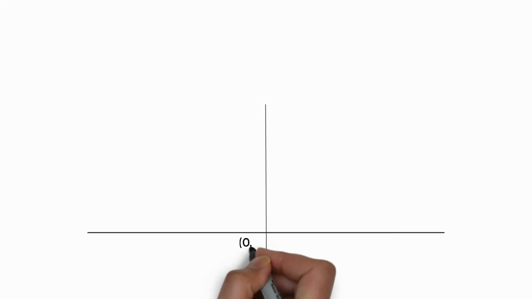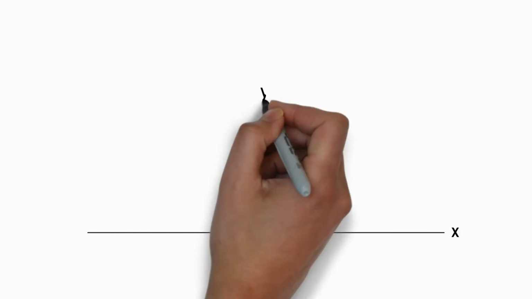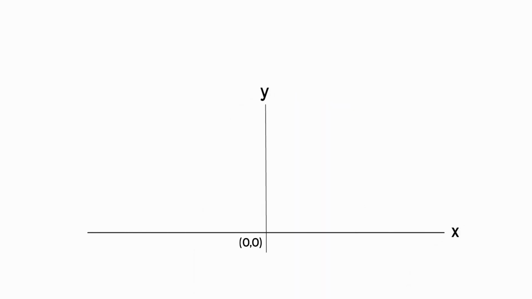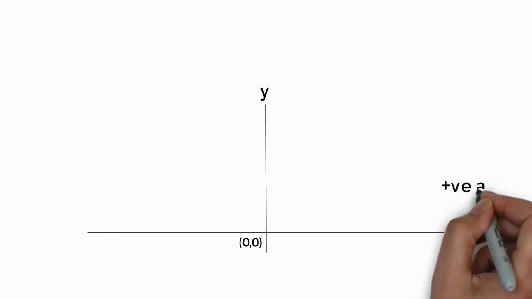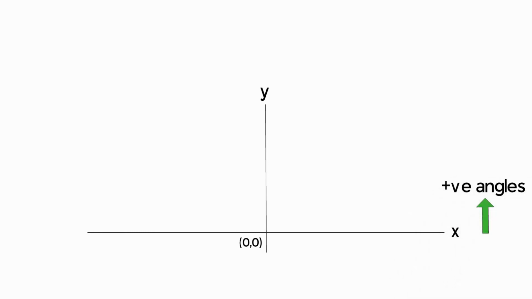First, we need to do a bit of mathematics revision. Let's consider our normal X and Y coordinate system, where we have our positive X axis extending horizontally to the right and the positive Y axis extending vertically upwards. Here, angles are measured from the positive X axis, with positive angles being anti-clockwise from this.